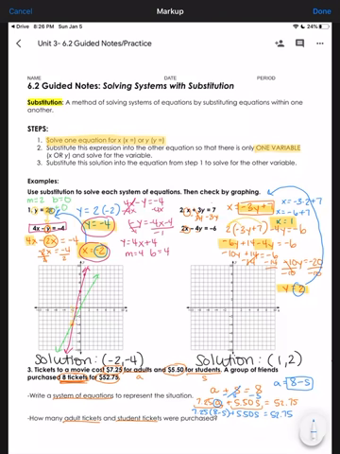I'm going to grab a calculator here. Okay, here we go.